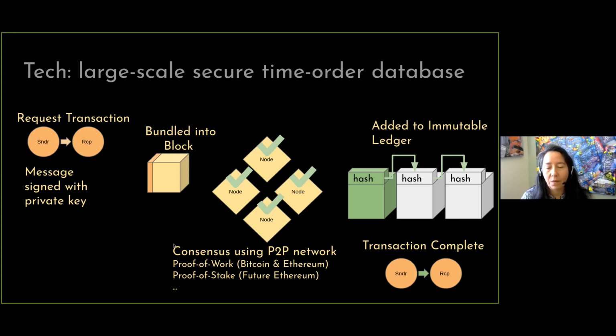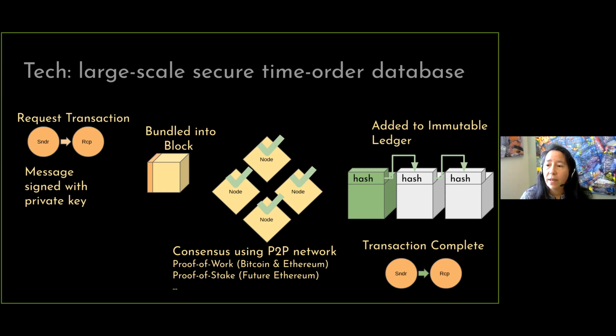There are a few different ways you can do consensus. One is proof of work, which is what Bitcoin and Ethereum use. Then there's proof of stake, which is the future of Ethereum, along with other methods. Once the block has been validated, it's added to an immutable ledger.